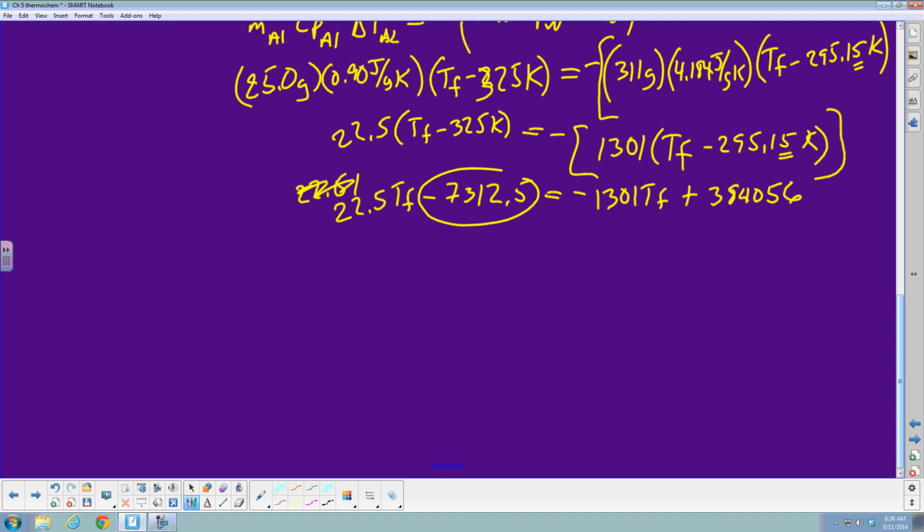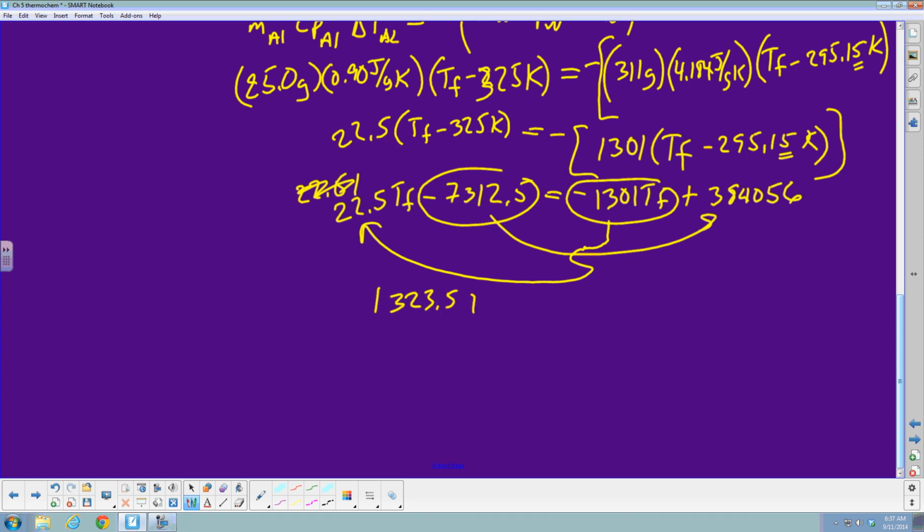Let's collect terms. This is going to come over here, and this is going to come over here. Good. So let's take my 22.5 plus 1,301, and I get 1,323.5 T F is equal to 7,312.5 plus 384,056, so I get some wacky number that looks like 391,368.